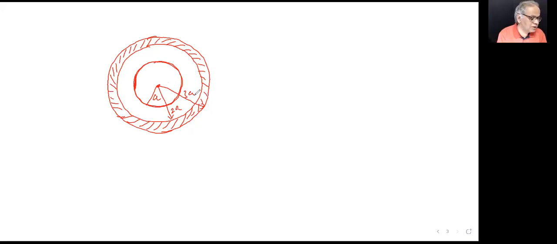The outer shell is thick and has a total charge of Q. The inner shell is thin and is earthed. Find the charge on each surface. This is a very basic question. The question which I gave you could have been done if you knew this in advance.